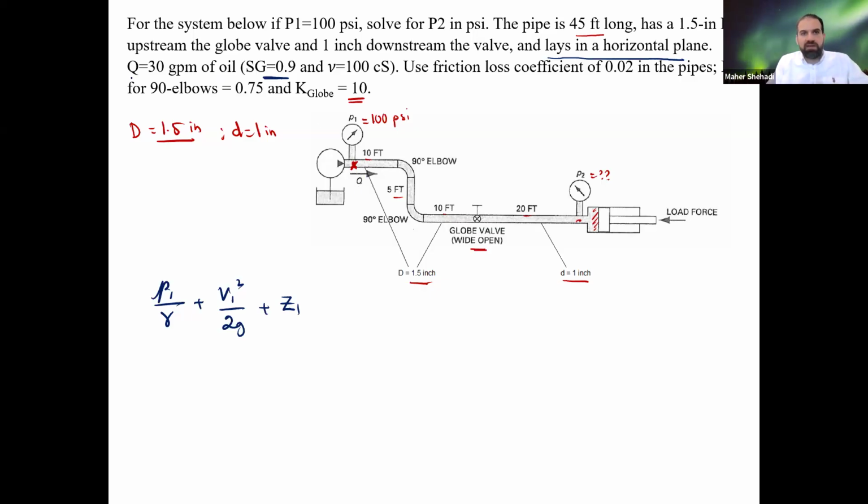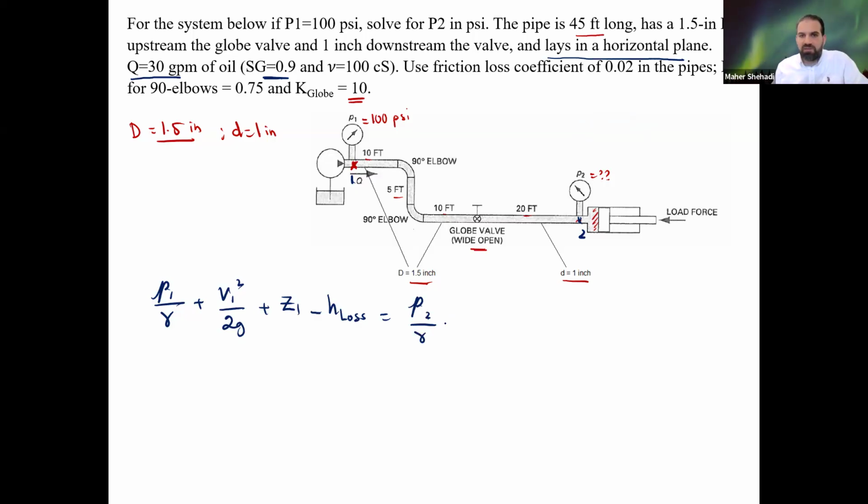We have also the flow rate. It's 30 GPM. So Z1 minus the head loss. That's all I have because I don't have the head of the pump. It's not included between points 1 and 2. I can't just say the head of the pump is 0. We do have a pump, but it's not included in my Bernoulli equation.